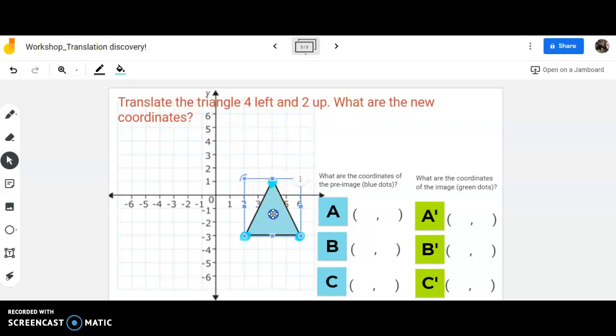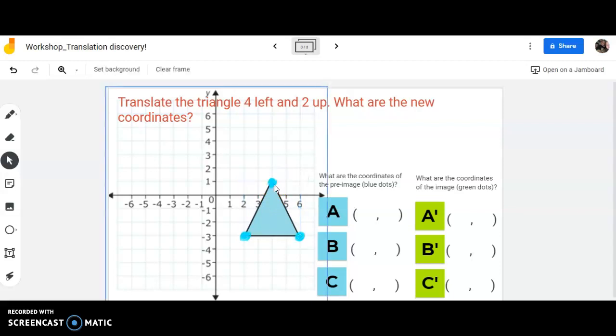So once you move it left and up, I'm not moving it exactly, I'm just showing you the direction you should move it. You have to label the new vertices or the new corners of the triangle and put the coordinates.